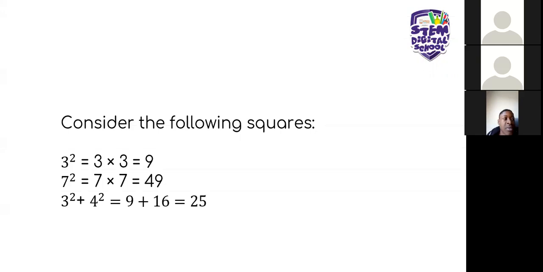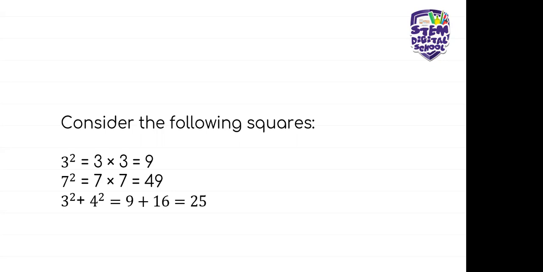Equally, when you multiply 7 by itself, you have 49, and 49 is known as a square number, primarily because this is the 7 which is squared. So 7 times 7 gives you 49. And then the last one is 3 squared.